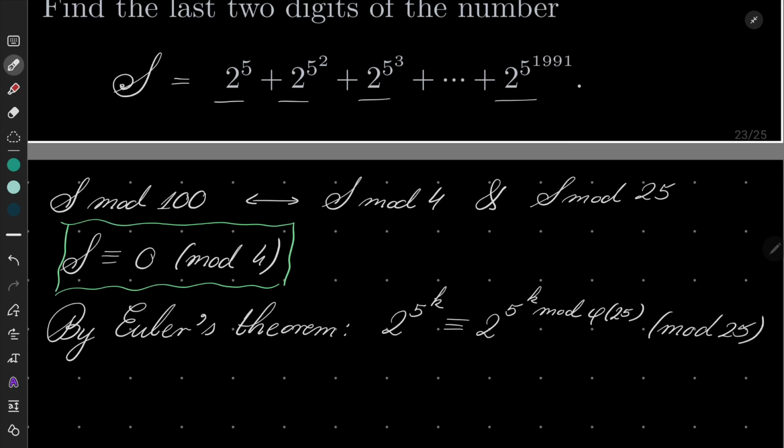Okay, what is phi of 25? Phi of 25 is 25 minus 5, 20.